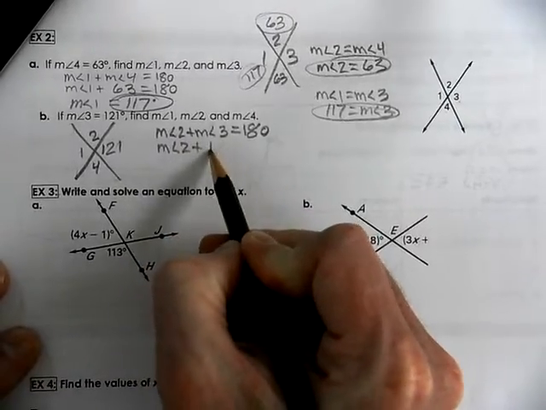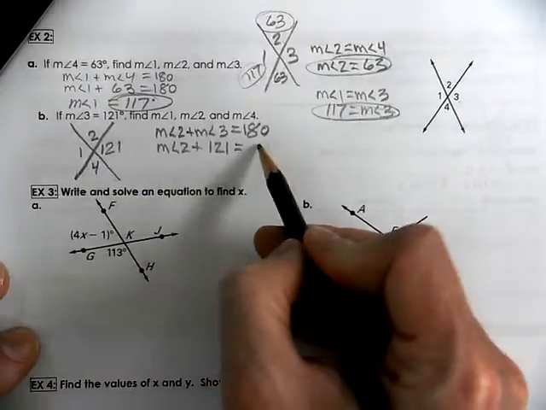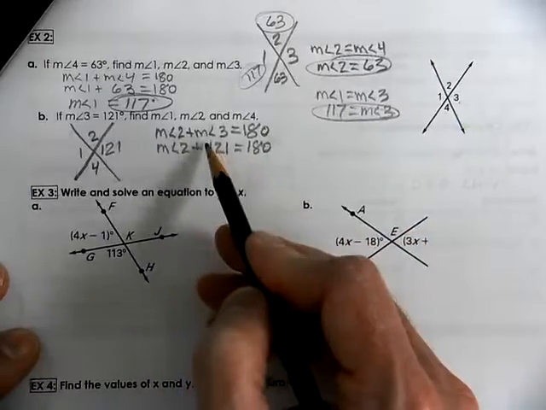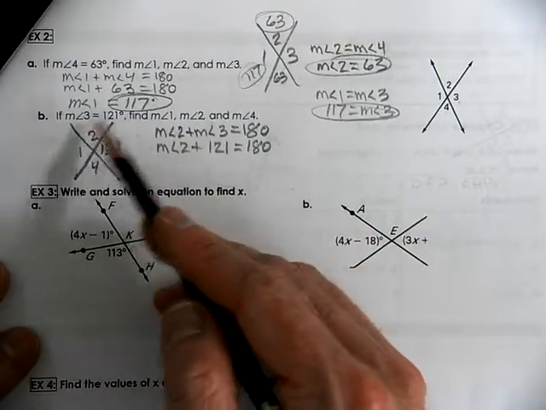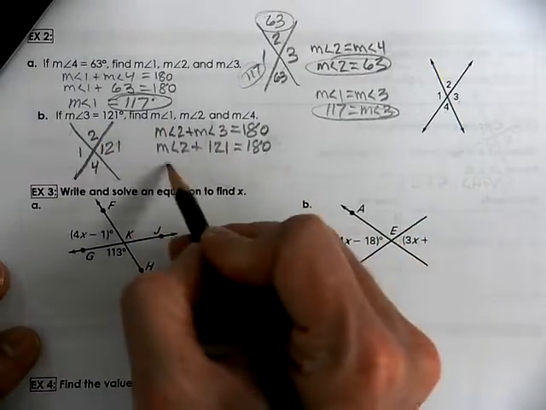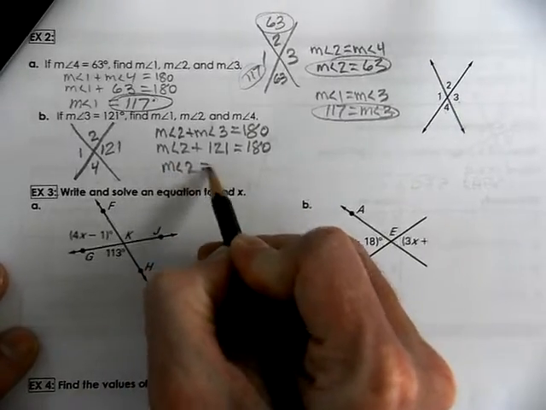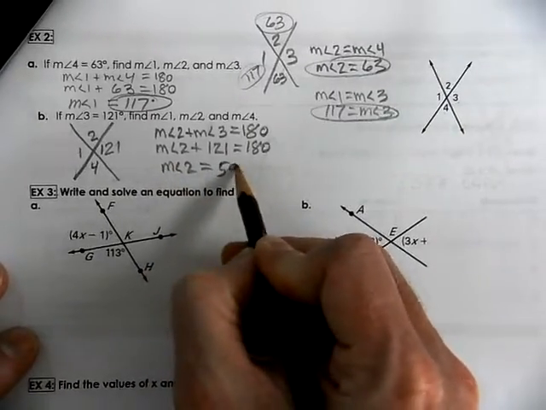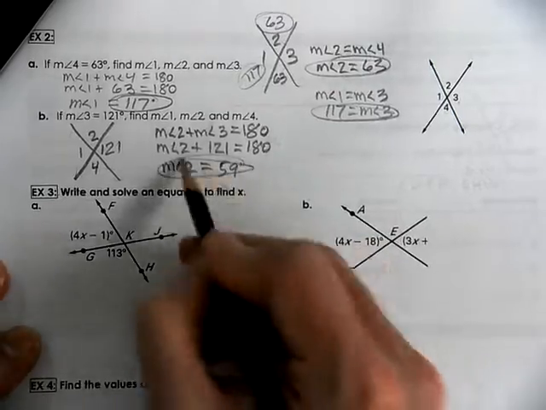So the measurement of angle 2 plus the 121, because we're substituting in, because we know that angle 3 equals 121. Then we subtract it across, and we get 59 degrees.